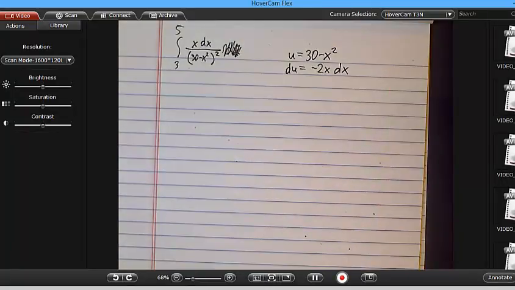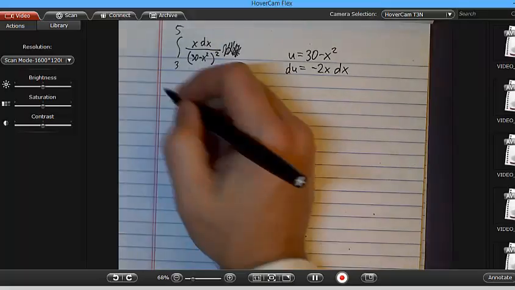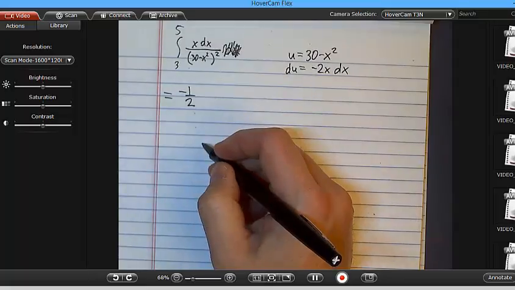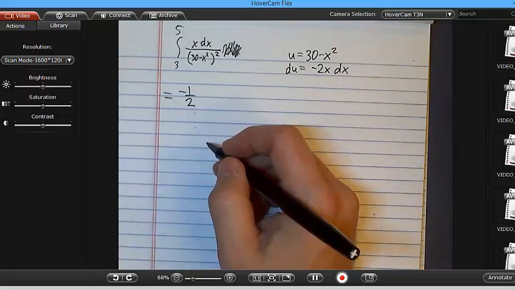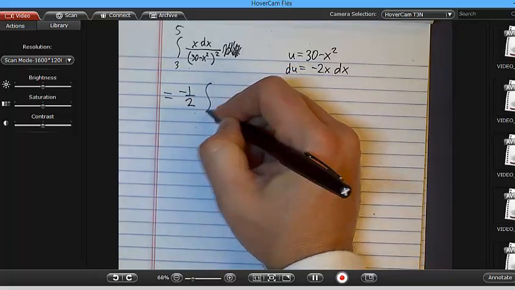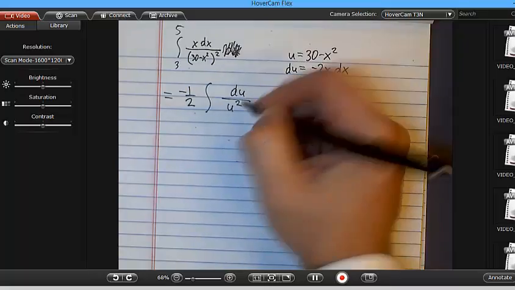Okay. Do I have negative 2x dx? No. What do I multiply by? Negative 1/2. So this equals negative 1/2. Then I get the du where I wanted it. Integral du over u squared.